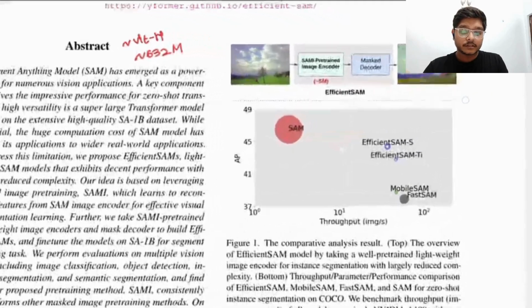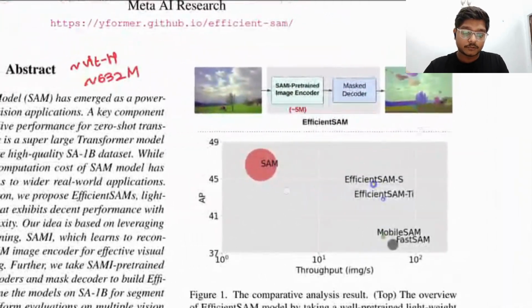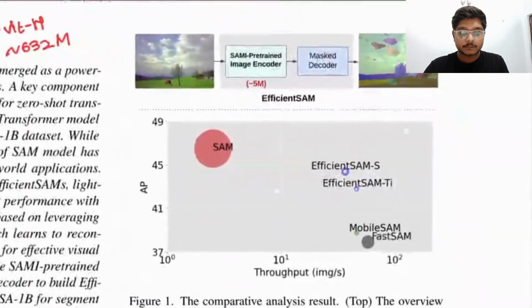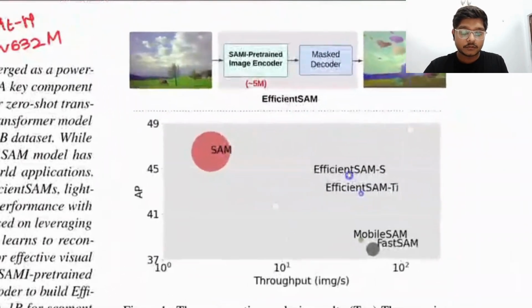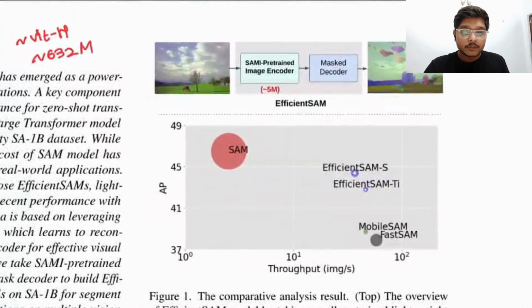If we compare SAM and EfficientSAM to other models, please look at Figure 1 of the paper. You can see that the original SAM, represented by this large circle, has very high average precision, but the throughput is very low. Other works like MobileSAM and FastSAM tried to solve this problem, but they often suffered a significant performance drop.